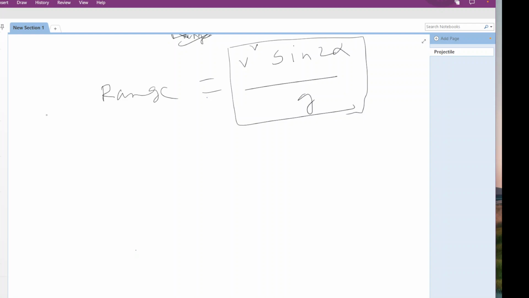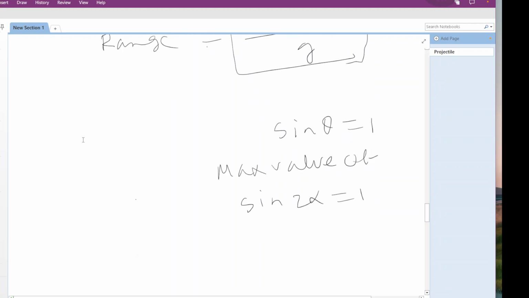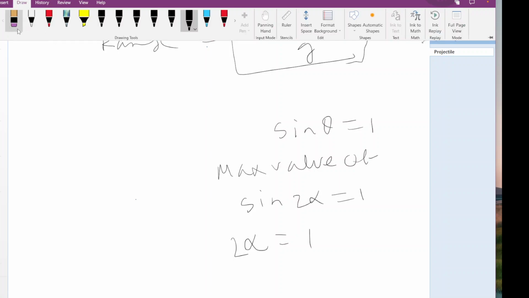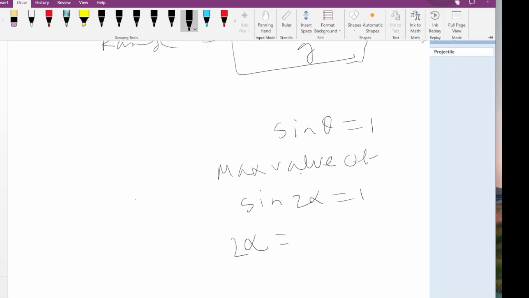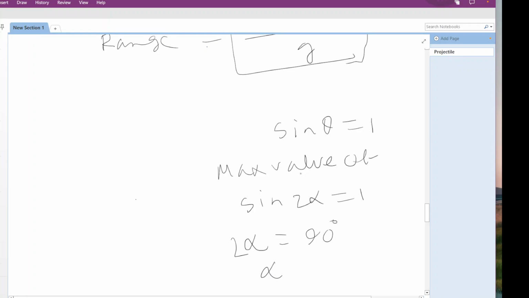We know that the maximum value of sin theta is 1, therefore the maximum value of sin 2 alpha equals 1, so 2 alpha equals 90 degrees and alpha equals 45 degrees.